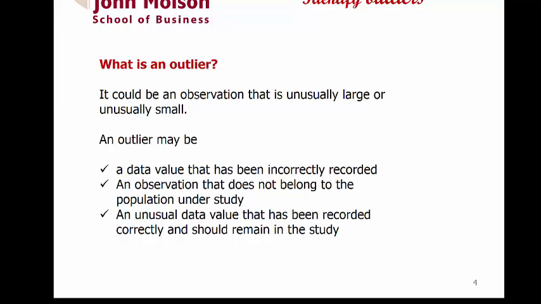Then once it's identified, we should remove it. But it could also be an unusual data value that has been recorded correctly. This is not a mistake. Then it should remain in the study, even though we find it too big or too small. We will show in this module how to use the Z-score and the box plot to identify possible outliers.